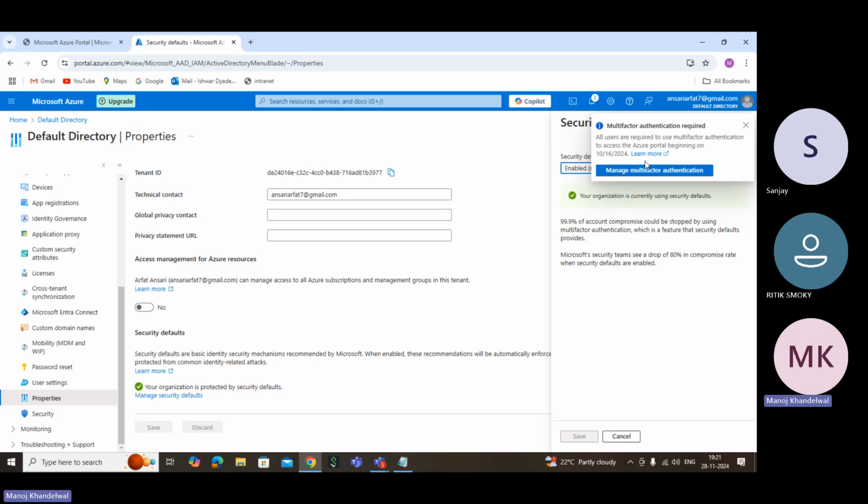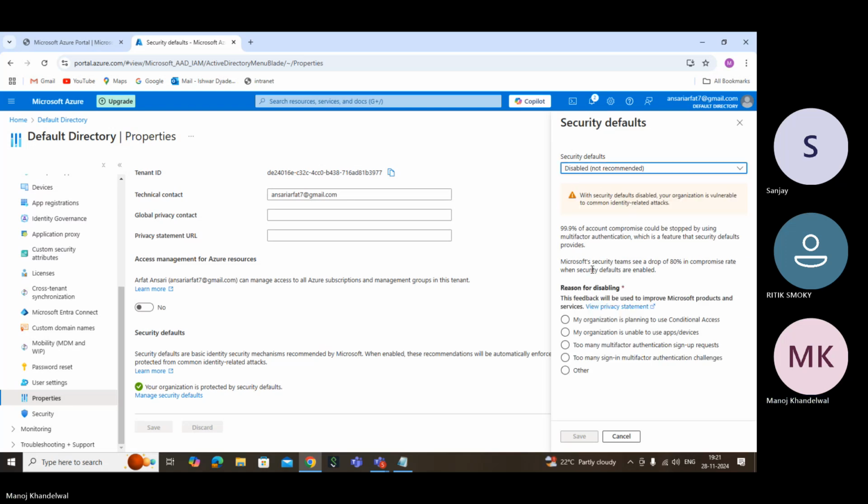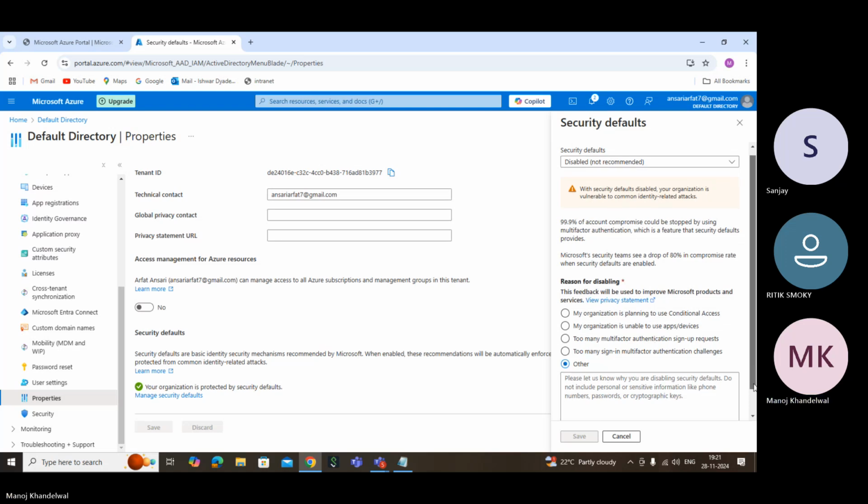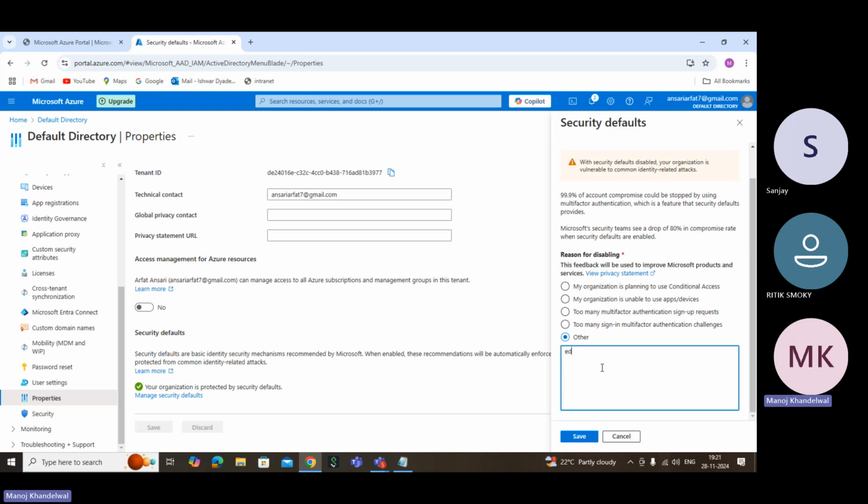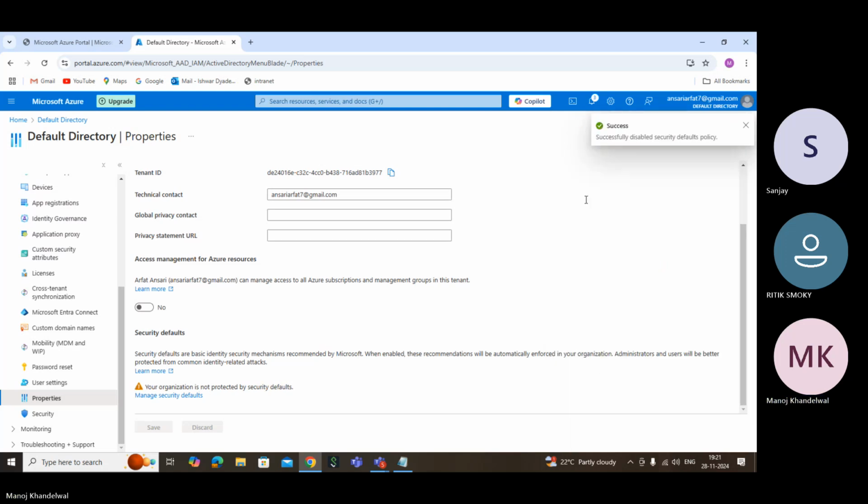Disabled. Okay, so I will remove that, so it will not ask for it.